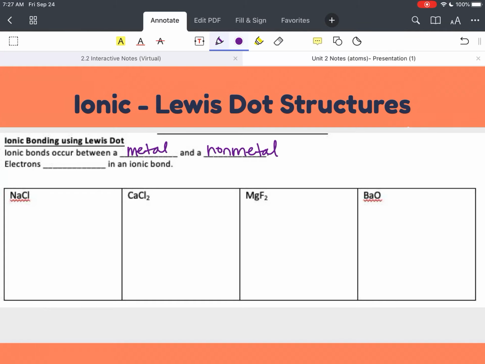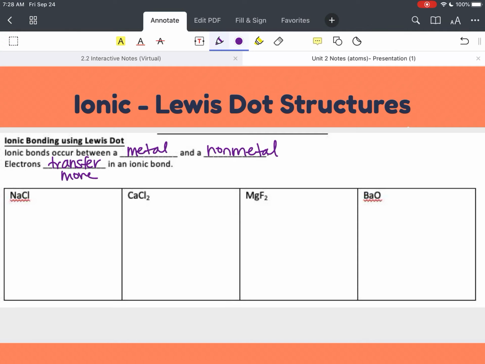So we'll stay away from those and focus just on metals and just on nonmetals. It's important, from your simulation, you noticed that electrons actually transfer, or move, in an ionic bond. So one element is going to take an electron and the other element is going to give the electron away.